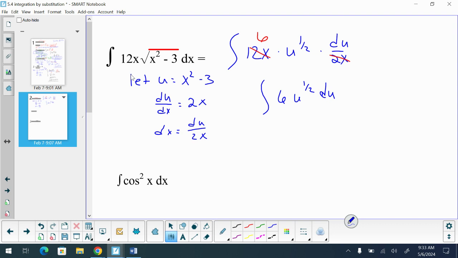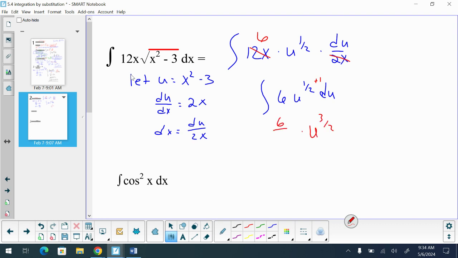So we have the antiderivative of 6u to the 1/2 du. Add 1, so we have u to the 3/2.